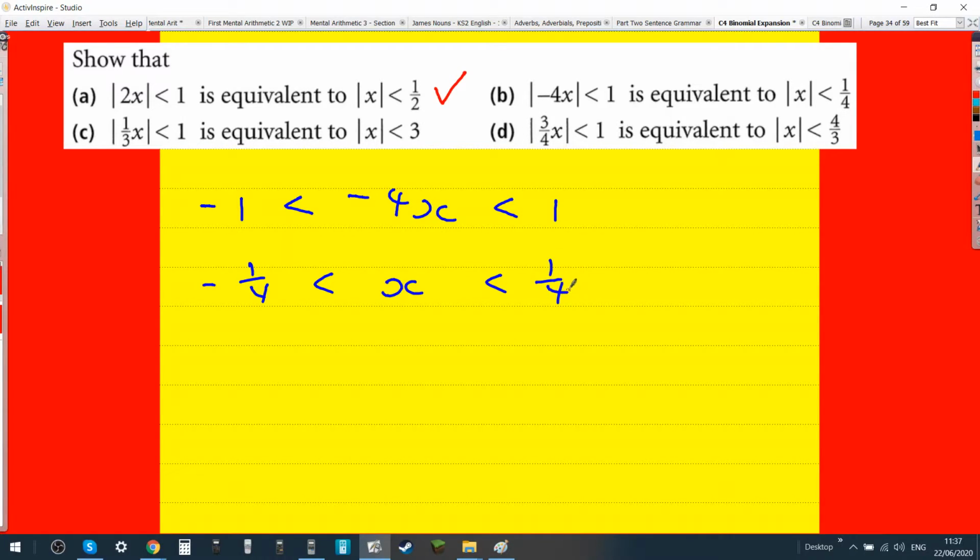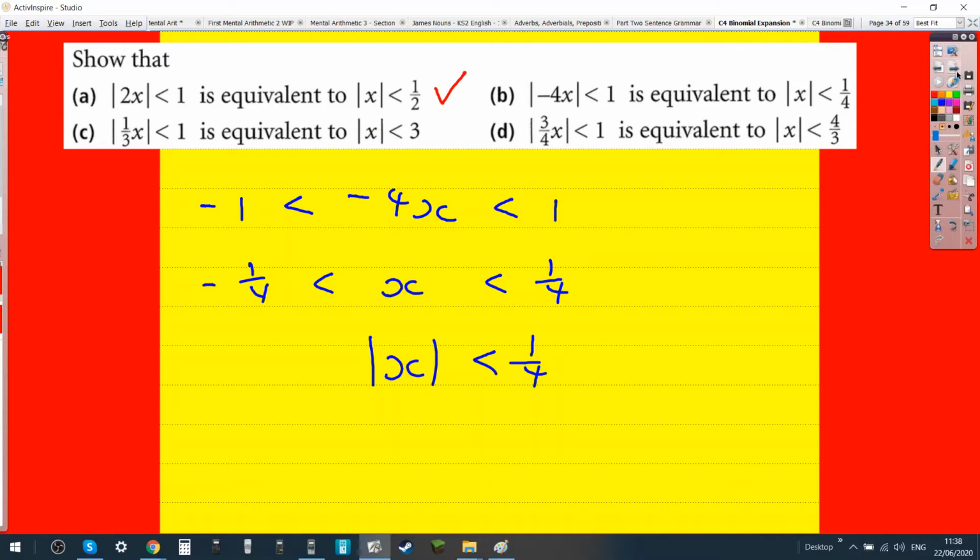Yep. Both arrows would switch to point to the right, but I just point them left and put the minus 1 on the left. And if you put that back into the magnitude form, would it just be that the magnitude of x is less than a quarter? Okay, just a different way of writing that. Yep.